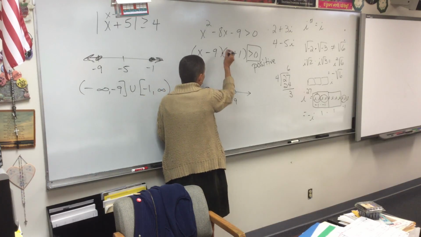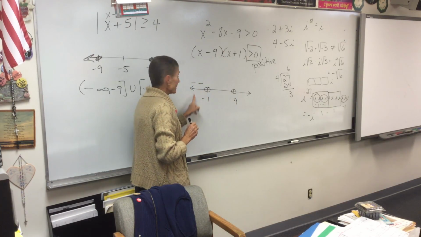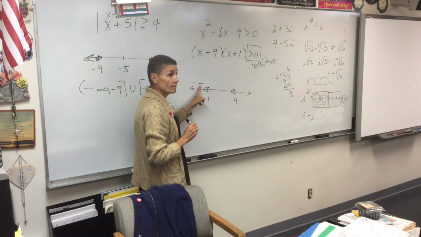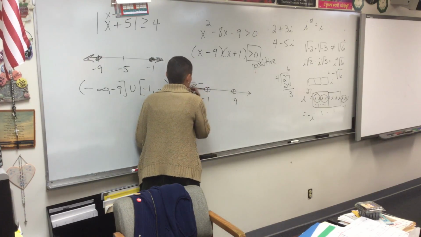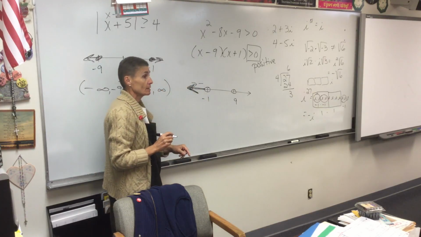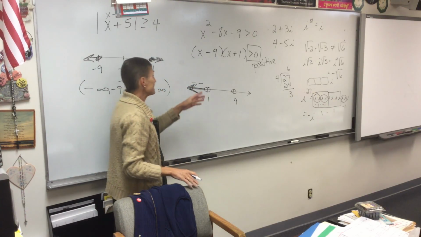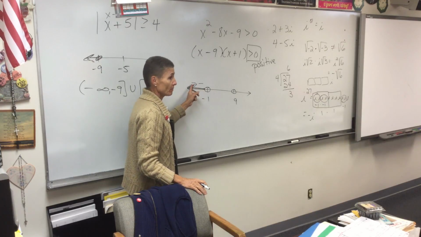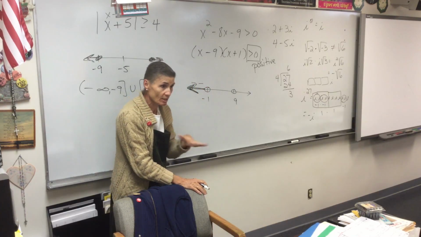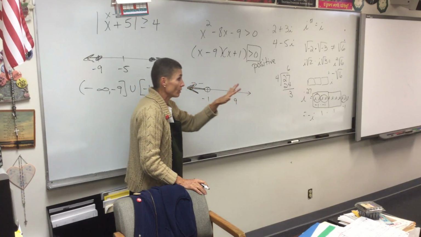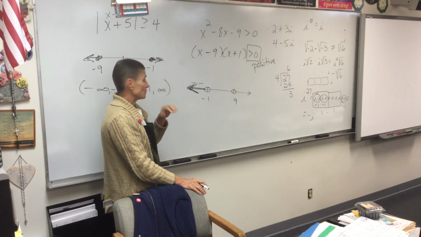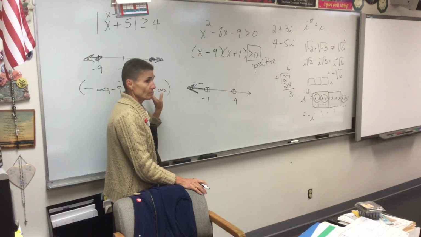Now they are being multiplied by each other. Negative times negative would make what I want, so that is part of my solution. Now notice, I didn't even actually work out the numbers, because it's not the numbers that are important. What's important? Positive or negative. If you want to work out the numbers, fine, but you don't need to.